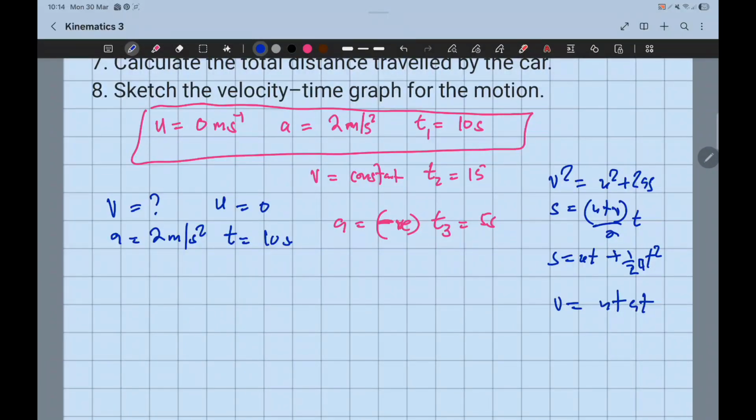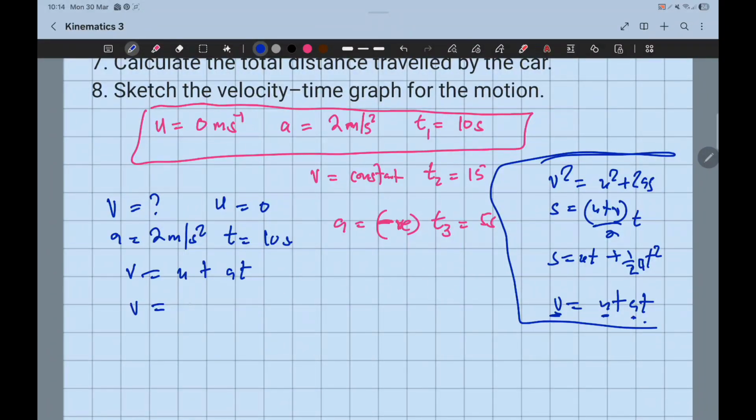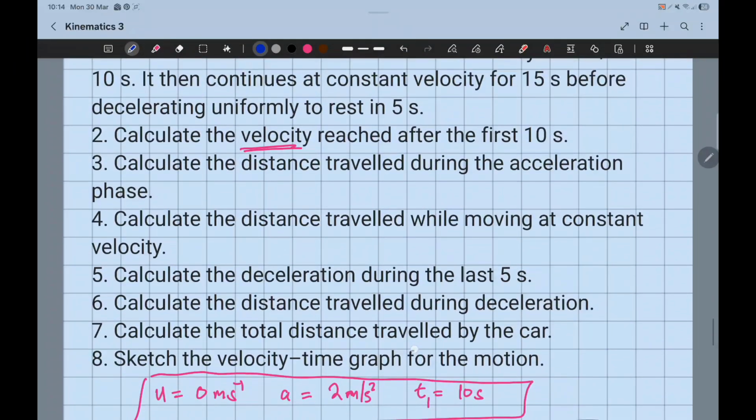Using what we have, we are asked to find v, and we have u, a and t. So v equals u, which is 0, plus a, which is 2, times t, which is 10. So v is equal to 20 meters per second. So that is the velocity reached after 10 seconds.